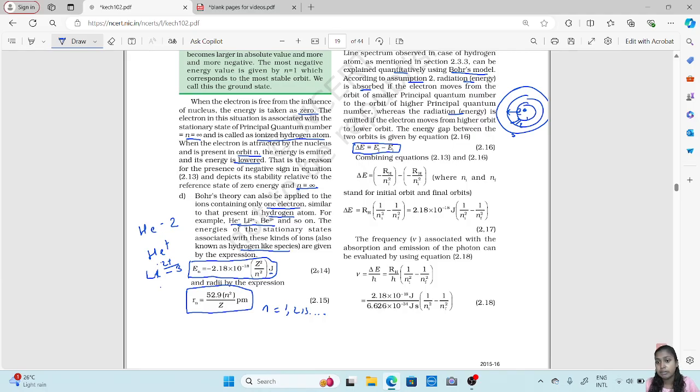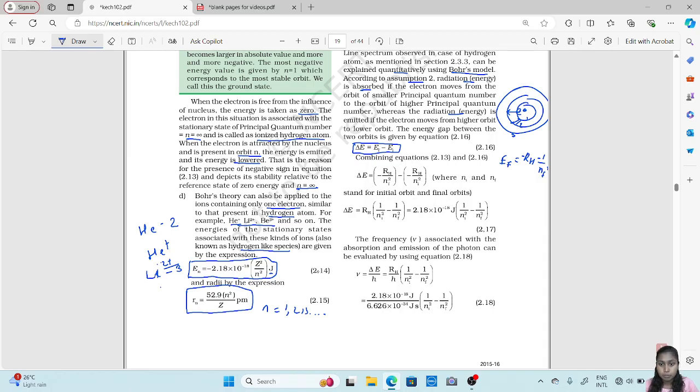So what is EF? It will be minus RH upon Nf square. Similarly for EI.